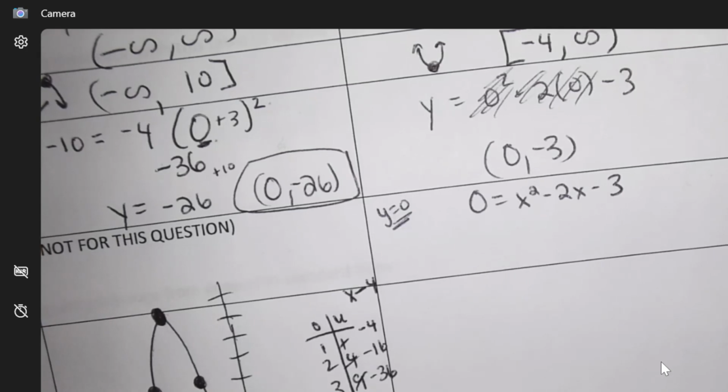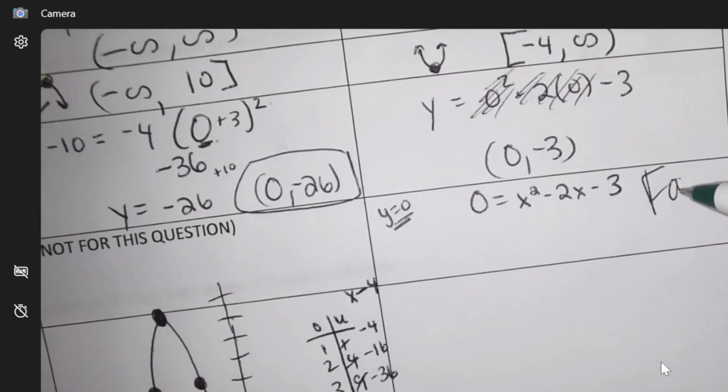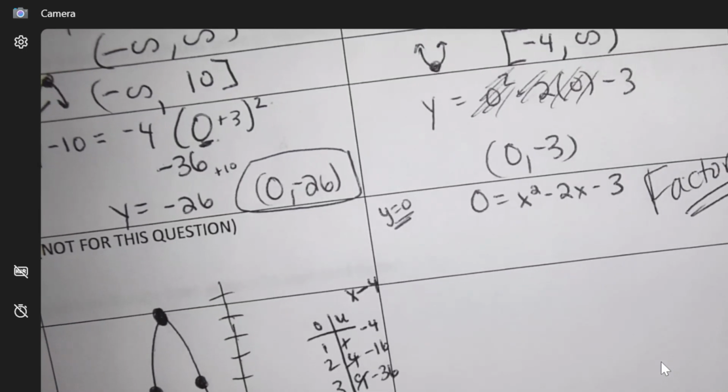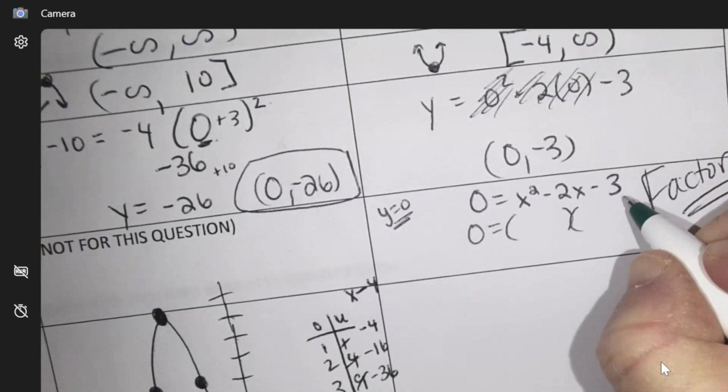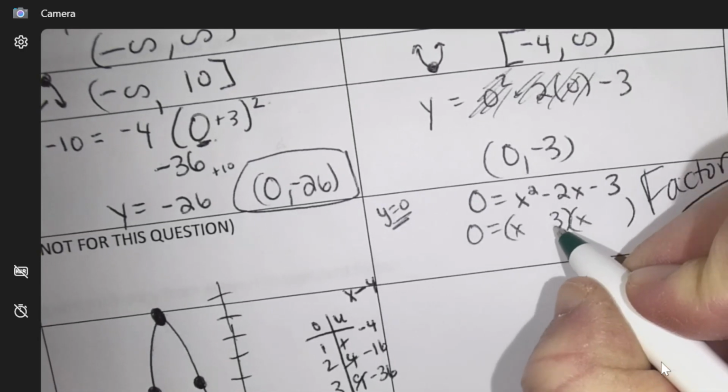Okay, what is your tool for x-intercepts? Factor. Okay, that's the only thing you have right now. You're going to learn more tools, but right now, that's all you have.